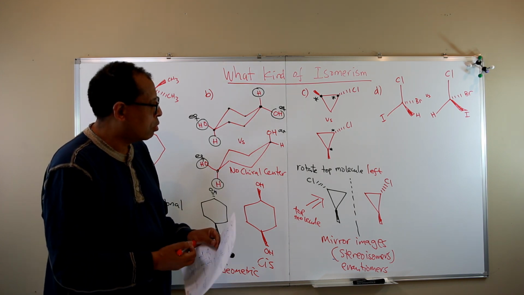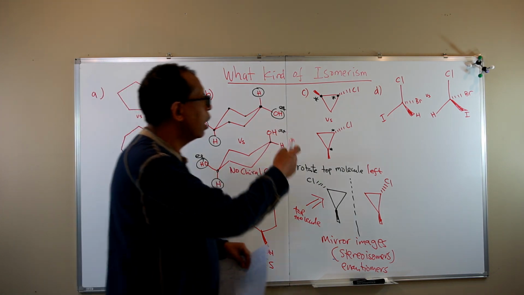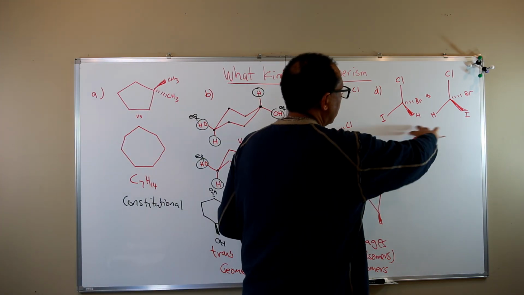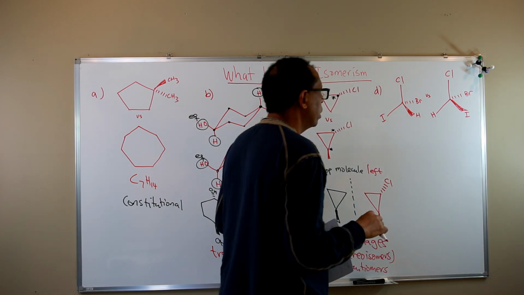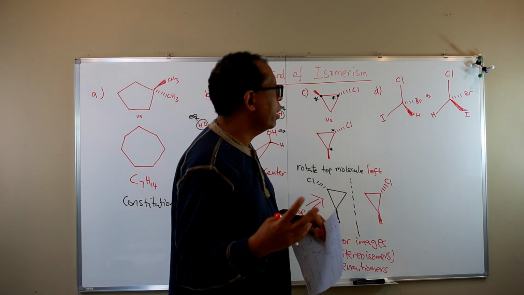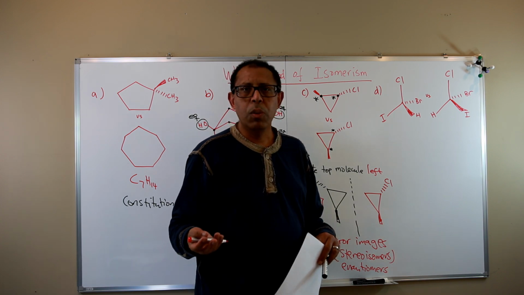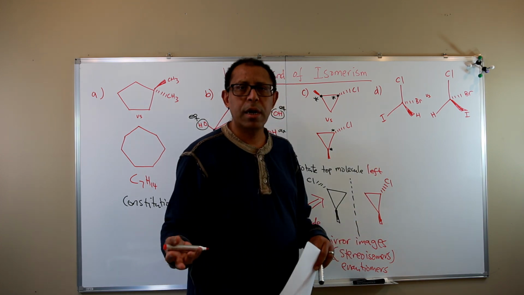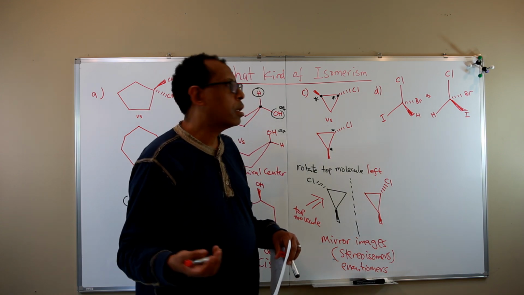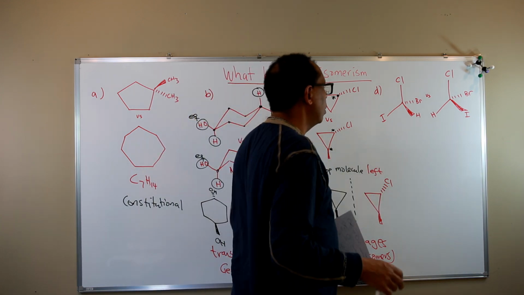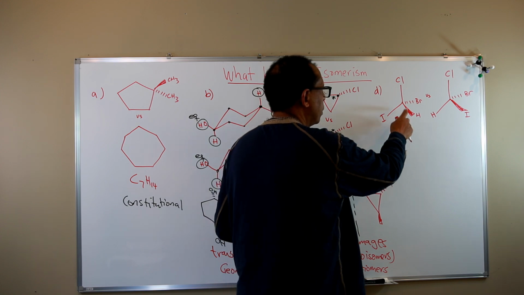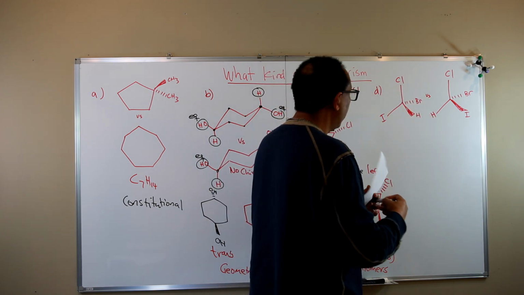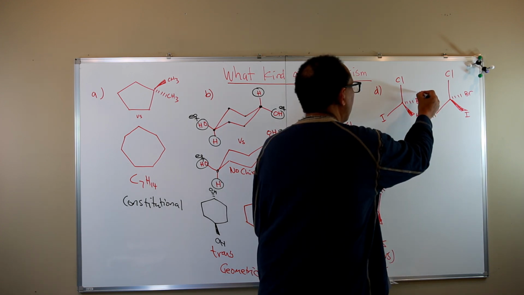Okay, let's pass to the last molecule, which is D. If you just look at them, the way you would be able to identify what kind of relationship they have is just to assign the R and S of this. So priority-wise, for example, in the first molecule, this is priority 1.